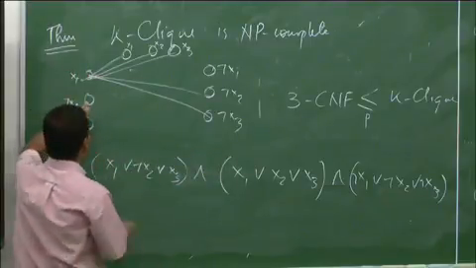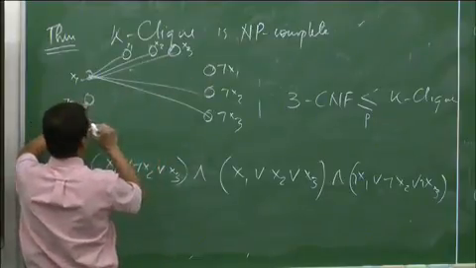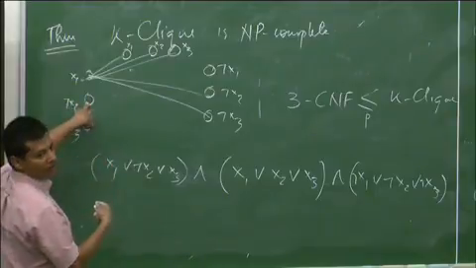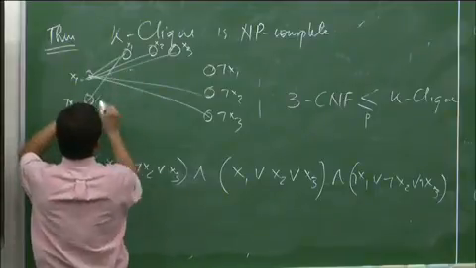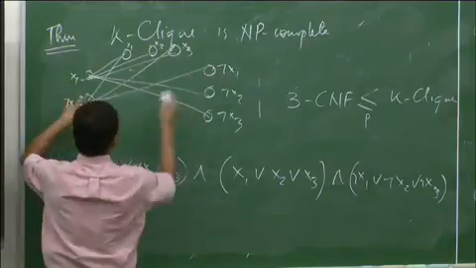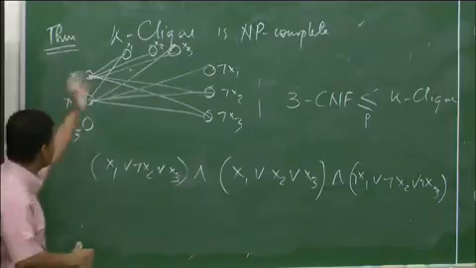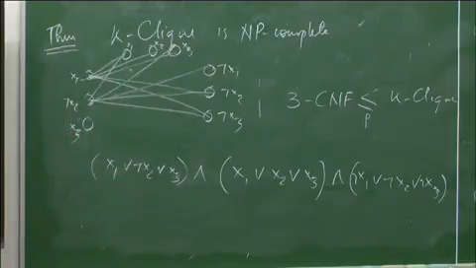Same thing here, I go to every group and put connections in except for the one which is the negation of x2, which is not x2. So, I connect there, I do not connect there, I connect there, and so on. And I do all these connections for all the nodes.